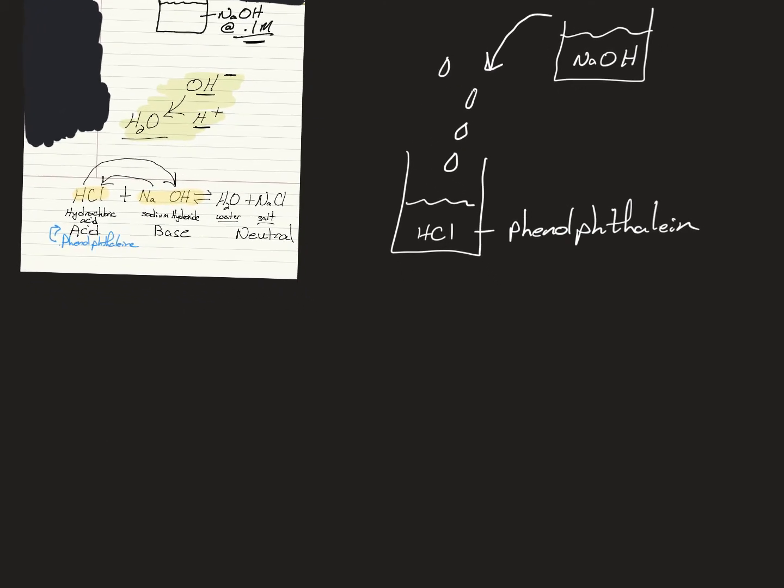And so when this solution turns pink and stays pink, you have to keep mixing it to make sure that it gets completely mixed. But when it turns pink and stays pink, that's a base.